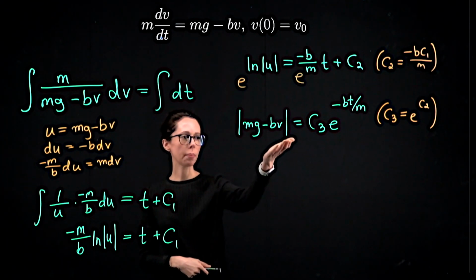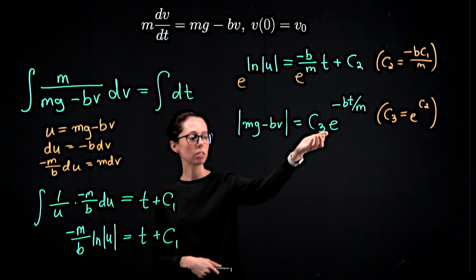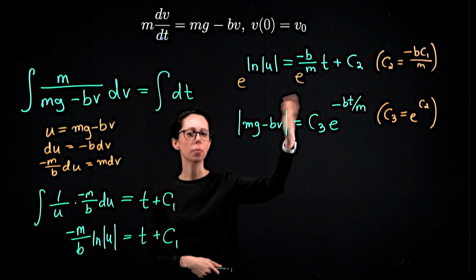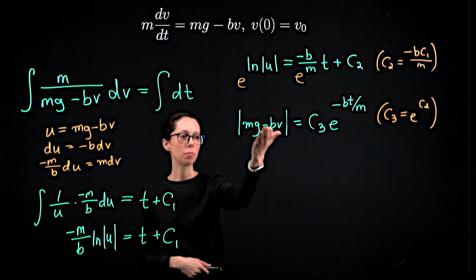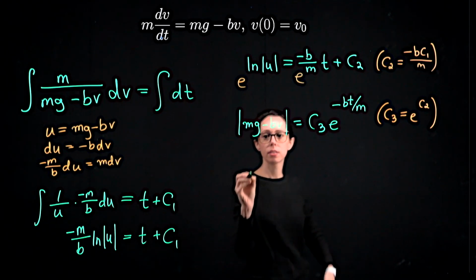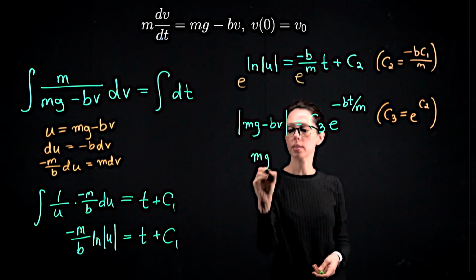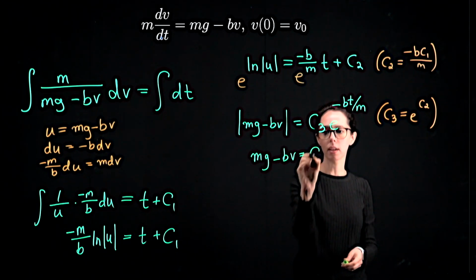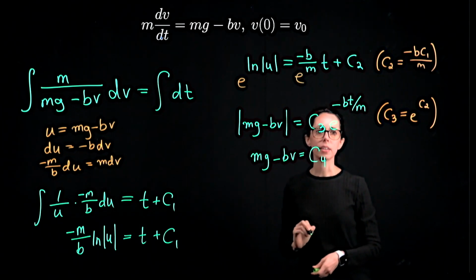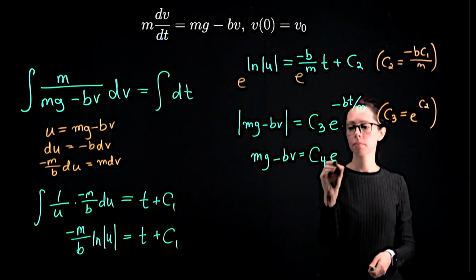What I'm going to do is drop the absolute values on the left and then write c4, where that could be c3, it could be negative c3, it could be 0. It's going to absorb essentially the sign of mg minus bv. So getting rid of the absolute values, this is going to be mg minus bv equals an absorbing constant, c4, e to the negative bt over m.